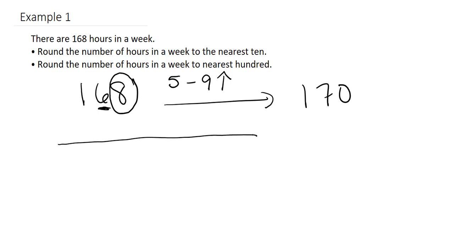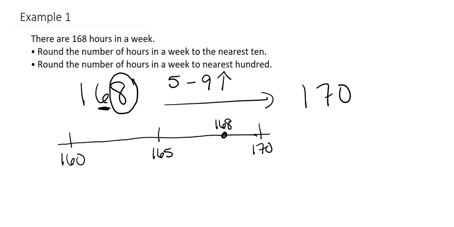Now let's look at this with a number line. If we're rounding to the nearest tens, we have 160, and then we have 170. We're trying to see which one it's closest to. This would be 165, and let's put 168 right here.